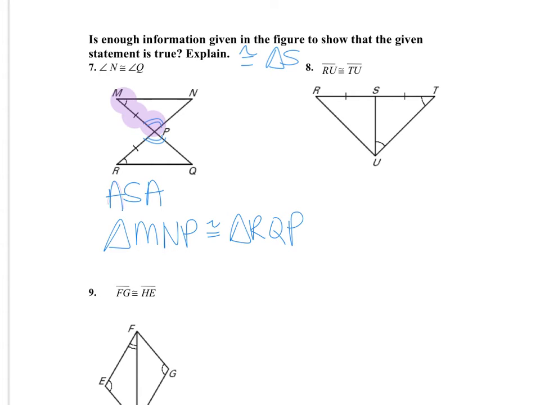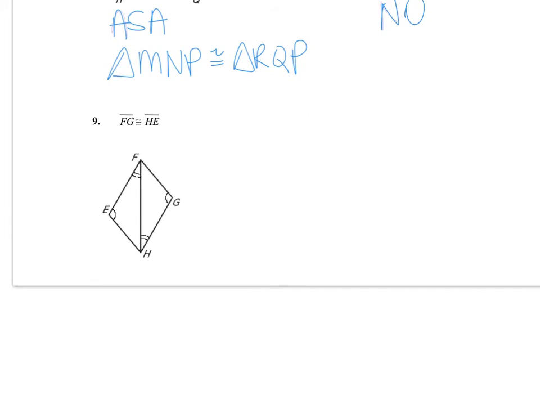If I look at the next one, I can mark that common side, but do I have any angles in this triangle at all? No angles marked. So this would just be no. Okay, and looking at this one, mark our common side.